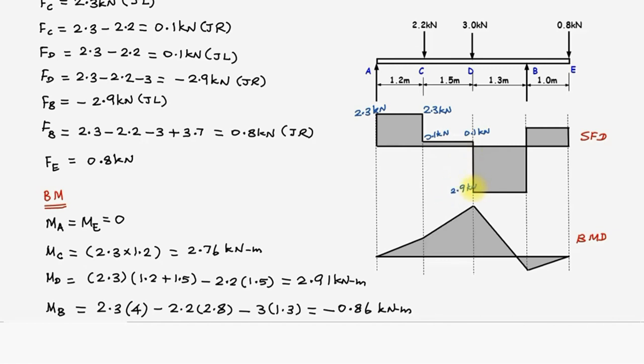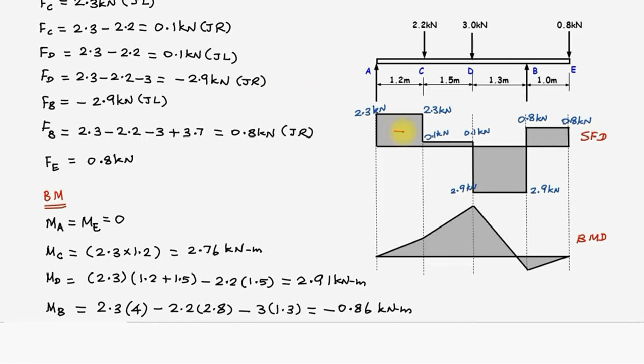This 2.9 kilonewtons remains the same till the point B, that is just left of B. Just right of B, we include this reaction also, that is RB. As a result, the shear force at the point B becomes 0.8 kilonewtons, and this remains the same till the point E, 0.8 kilonewtons. This is how we draw the shear force diagram and shade the complete area.